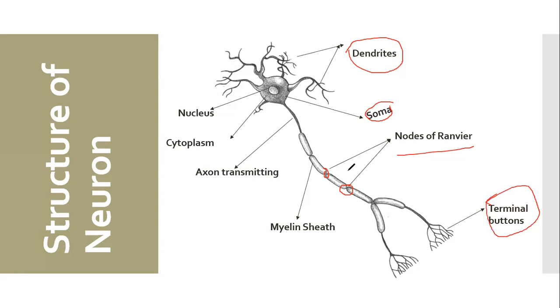The sheath which covers it, the shirt-like, cloth-like structure, is called the myelin sheath. It is a cover, a layer. The connecting part between the trunk and the head is the axon. We call it the axon, and its function is transmitting.